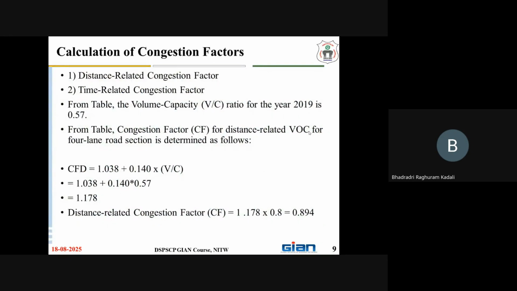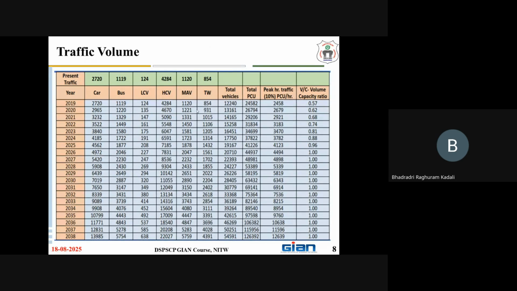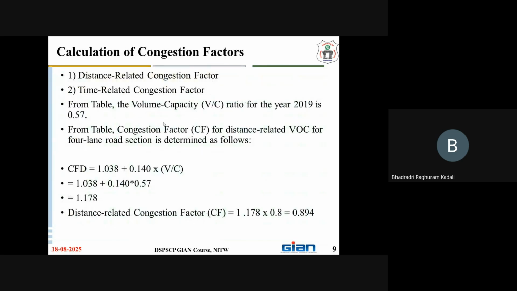Okay. So then we are calculating the congestion factors, that is the distance related congestion factors and the time related congestion factors. If you go through SP30, the 2009, that is the economic evaluation of highway projects, we have the table corresponding to the volume by capacity ratios, where we have the volume by capacity ratio 0.57. Corresponding to that, we need to find out the congestion factor related to the distance based congestion factors first.